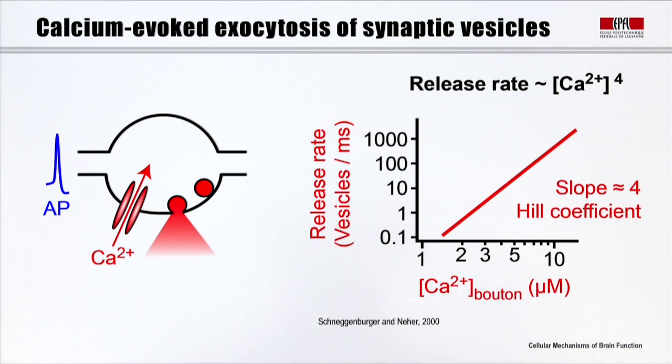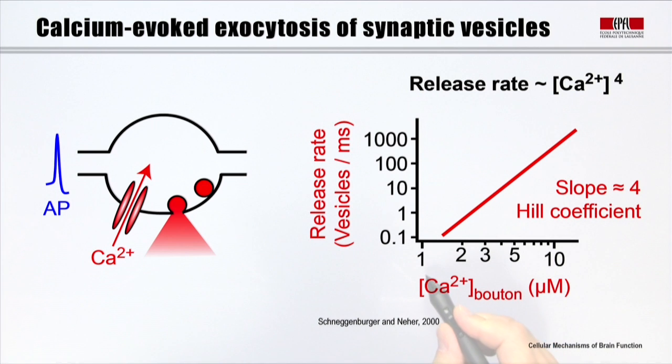It turns out that there's an extremely steep dependence of neurotransmitter release rate upon calcium concentration. On this graph, which has logarithmic axes in both the x and y scale, so it's a log plot, you see a very steep dependence of the release rate, the number of vesicles being released per millisecond, upon the cytosolic calcium concentration inside the nerve terminal.